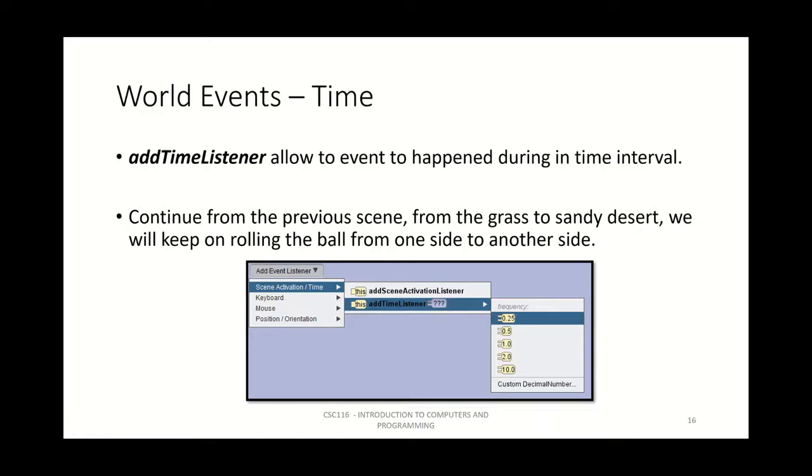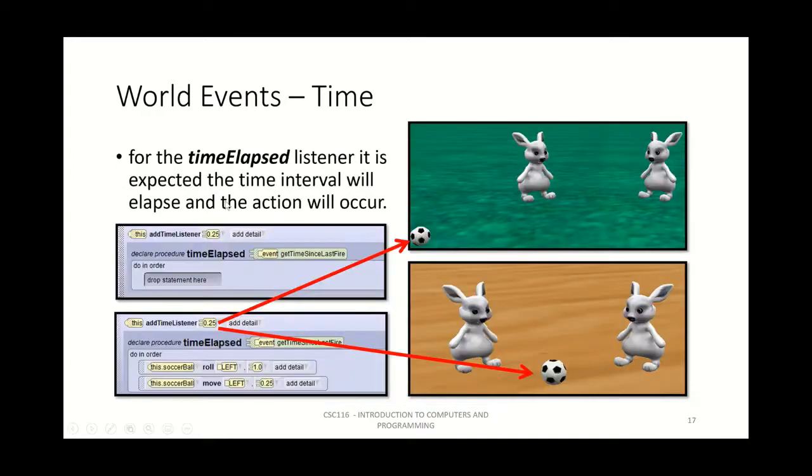So we add another object, which is a ball. We want the ball to keep rolling from the grass scene to the sandy desert continuously. So we will handle that situation by using add time listener.